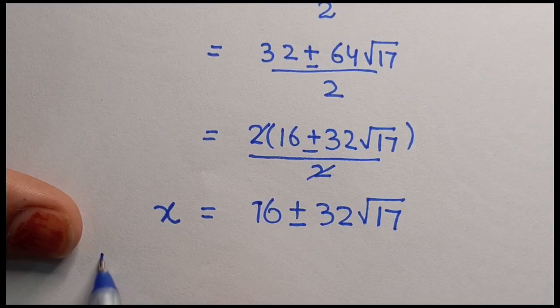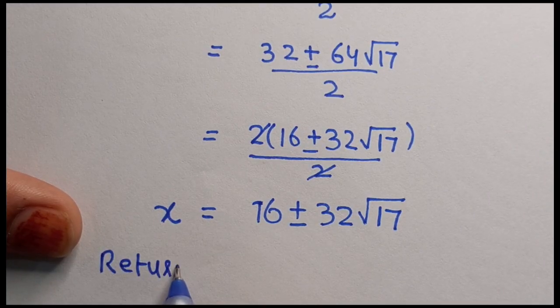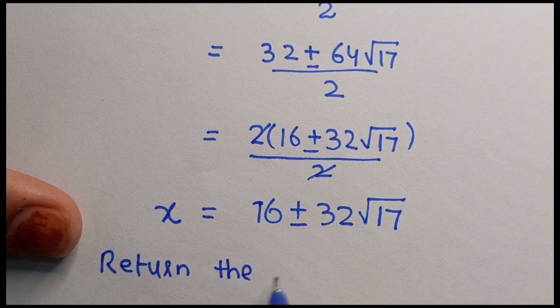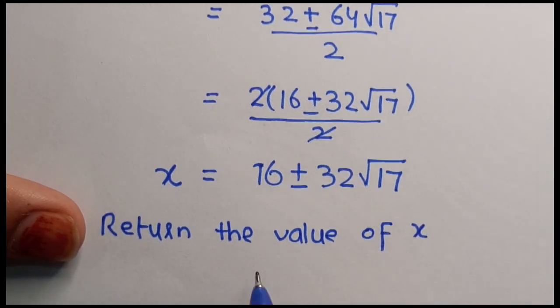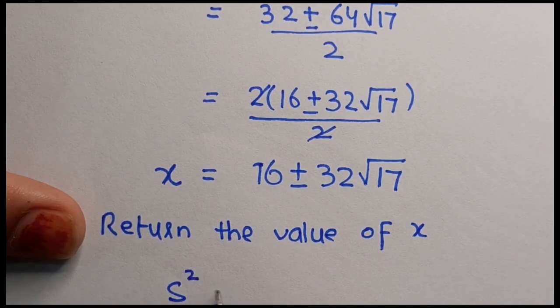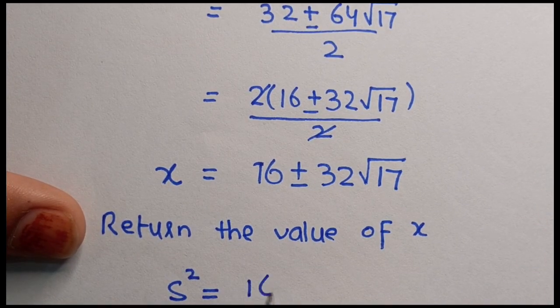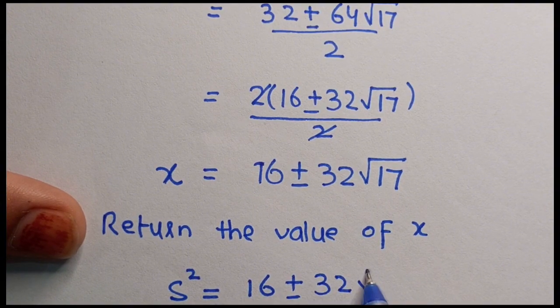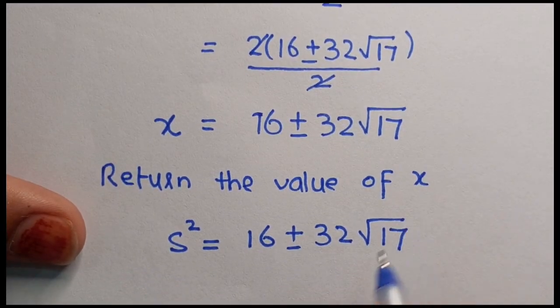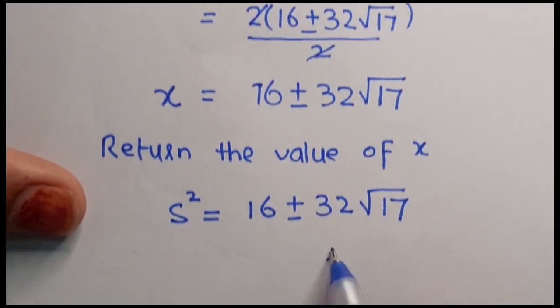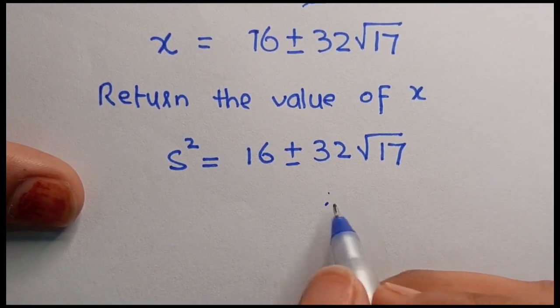So we get x is equal to 16 plus 32 under root 17. S square is equal to 16 plus 32 under root 17.